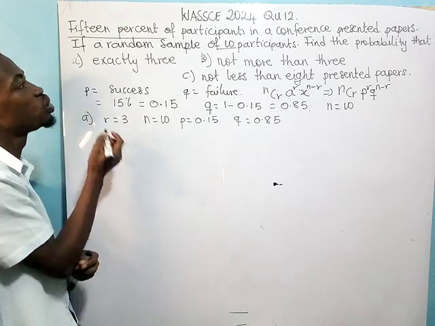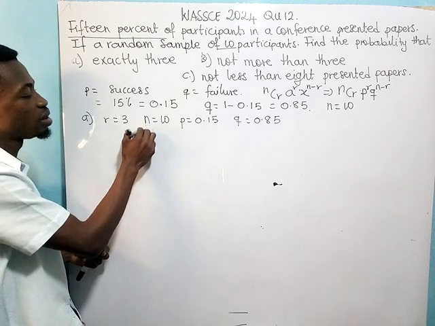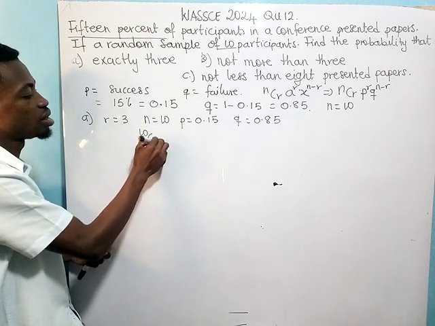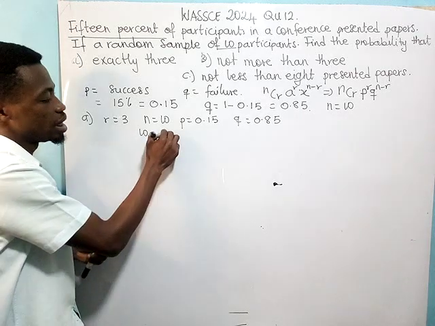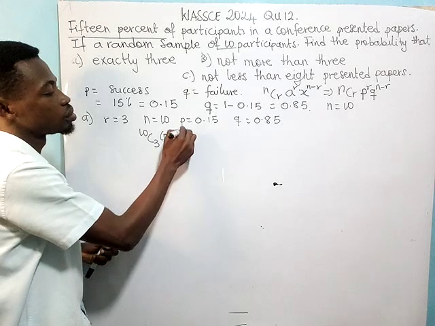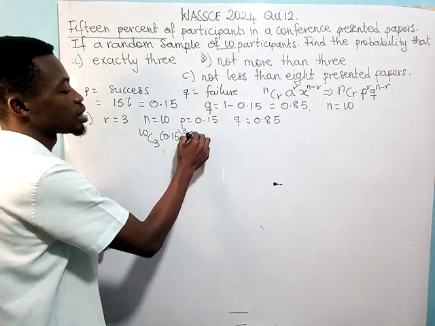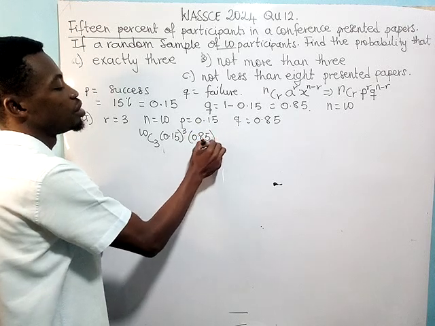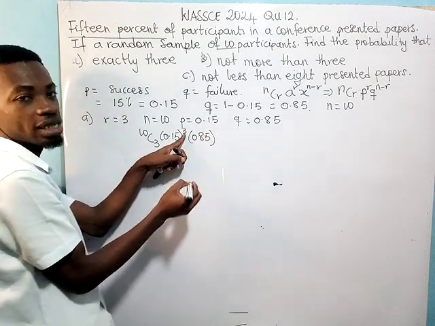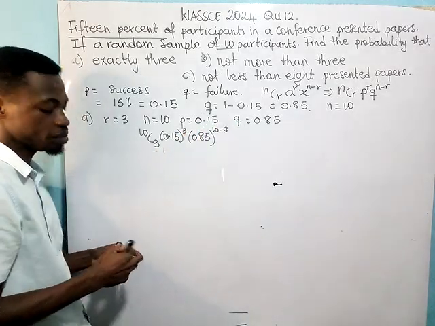So we have 10 combination 3, then p, which is 0.15, to the power 3, then q, which is 0.85, raised to the power n minus 3, so 10 minus 3, which is 7.